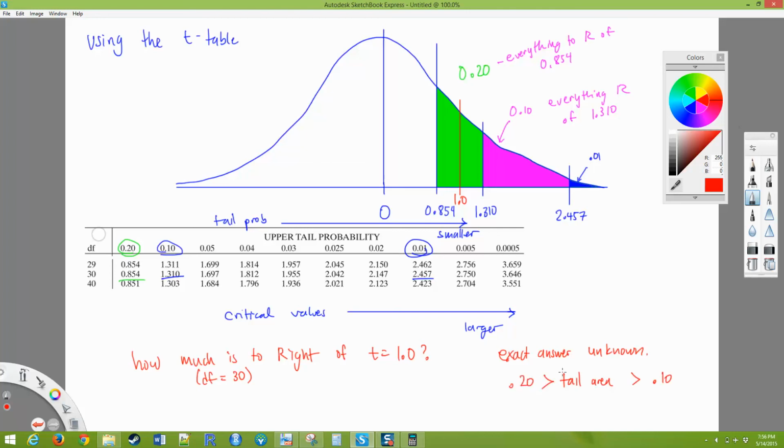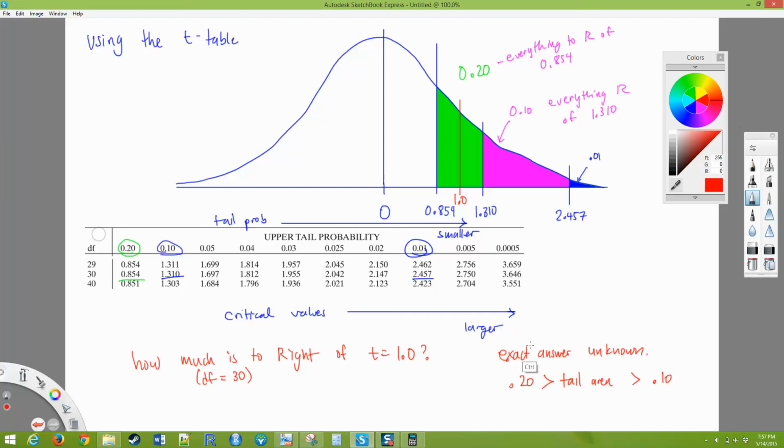And that's totally fine. When you use the tables in the back of the book, that's the best you can do. If you want an exact answer, you can go to a computer, type it in, and the computer can give you an exact answer. But a lot of times, just an approximate answer is good enough to answer your question.